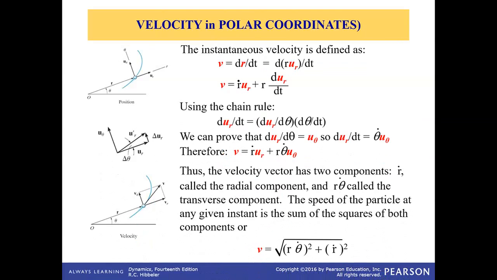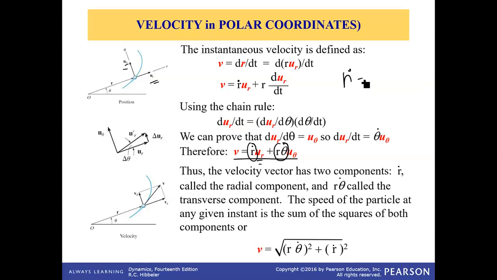And this is the derivation of the formula. The total velocity in the polar coordinate system can be written as v equal to r dot ur plus r theta dot u theta, where ur is the unit vector in the radial direction, u theta is the unit vector in the transverse direction, r dot is the change in velocity in the radial direction, and r multiplied by theta dot is the change in velocity in the angular direction.